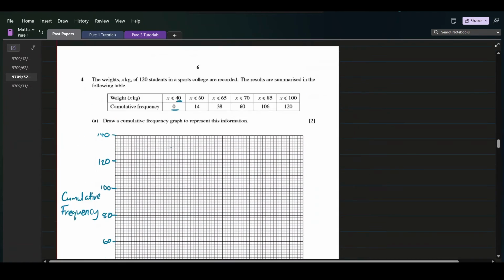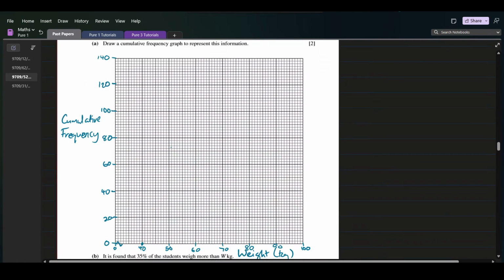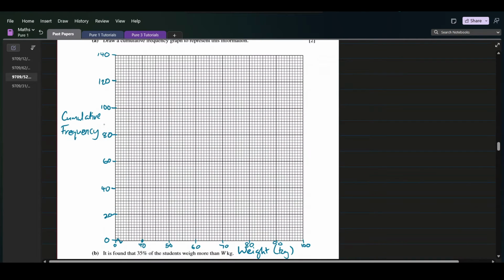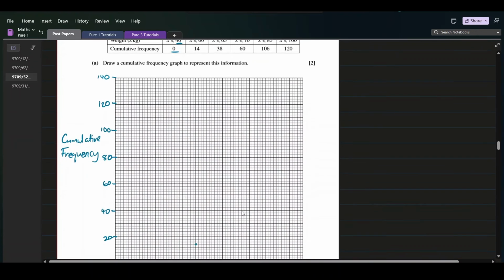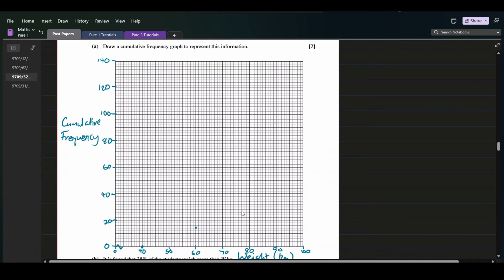And then the next point is 60, 14. 60, 14 would be, this is 2, 4, 6, 8, 10, 12, 14 would be here. That's 14 over there. And then our next point is 65, 38.